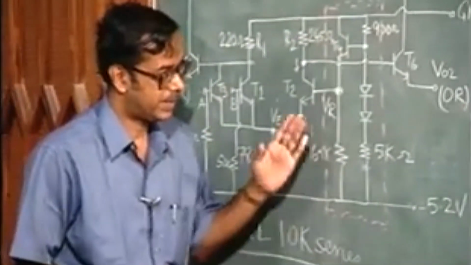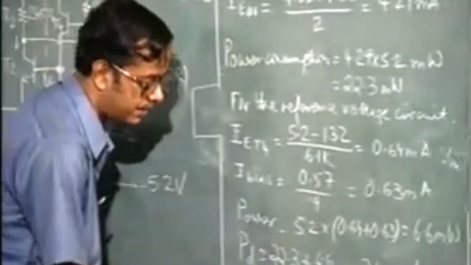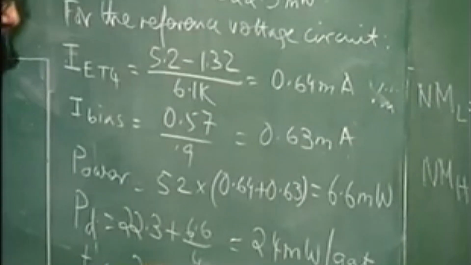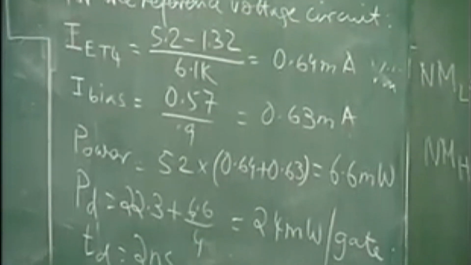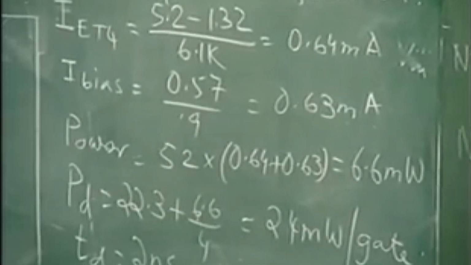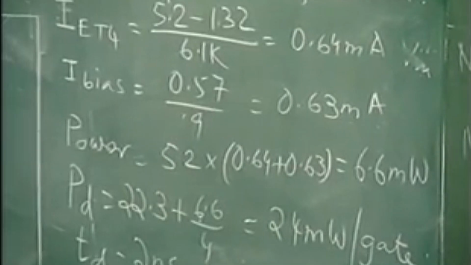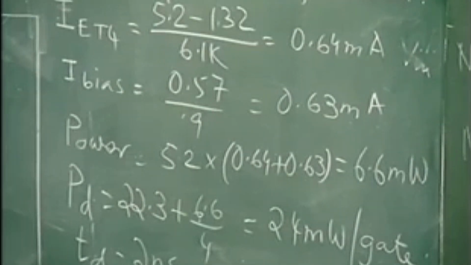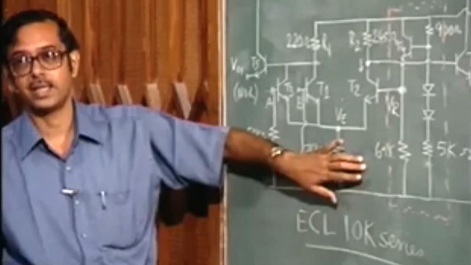In fact, for this particular circuit, the delay is 2 nanoseconds per gate, which makes a power delay product of 48 picojoules. So, for this gate, the delay is 2 nanoseconds, so the power delay product is 48 picojoules. Of course, one must remember that this is the first generation of ECL gates.